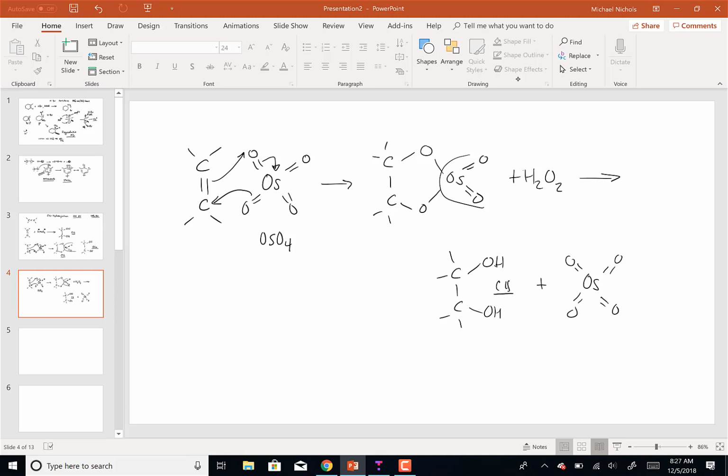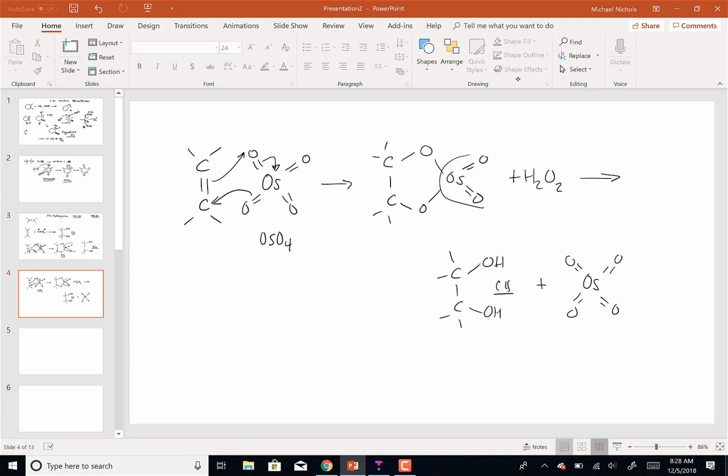And so what happens is that we use a little bit of osmium sort of as a catalyst, and then we use the hydrogen peroxide to keep reoxidizing it so it keeps reacting with the double bond. So a little bit of osmium in this reaction will go a long way, because the hydrogen peroxide, which is also dirt cheap, will then keep reoxidizing it after it reacts.